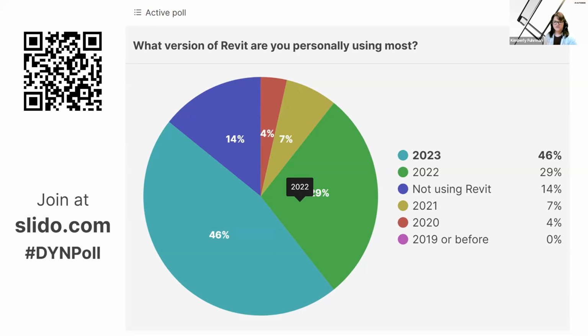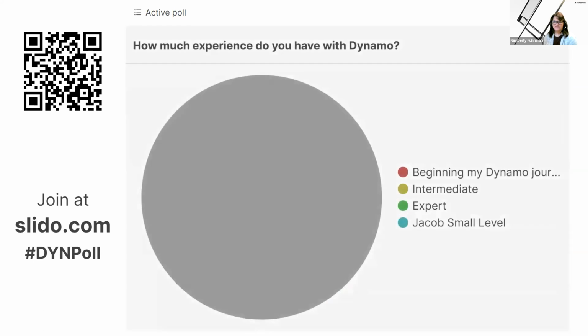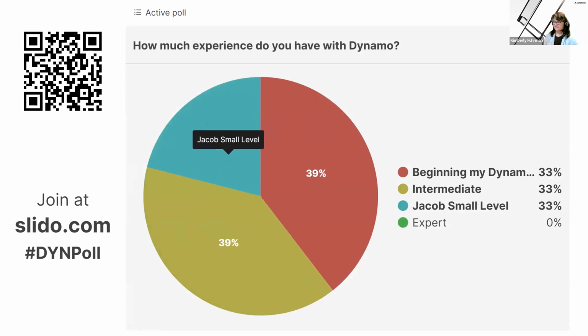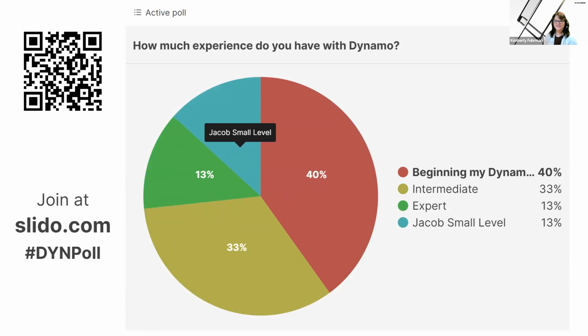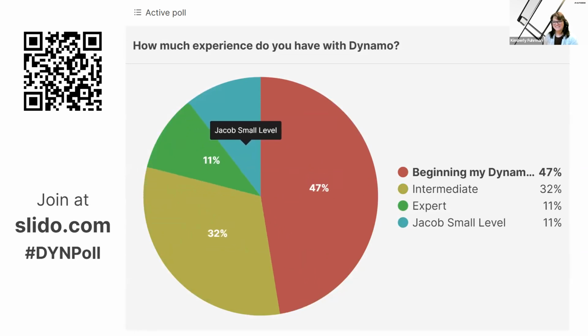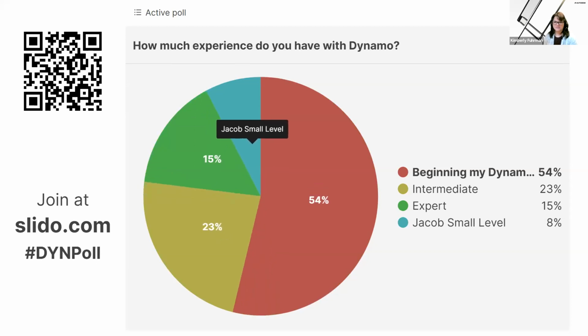Very cool. All right, and then the next question, how much experience do you have with Dynamo? I honestly thought at one point that I hit that expert level, but I think I'm back at the beginning of my Dynamo journey for sure after watching Jacob and Saul and Lilli work their magic.